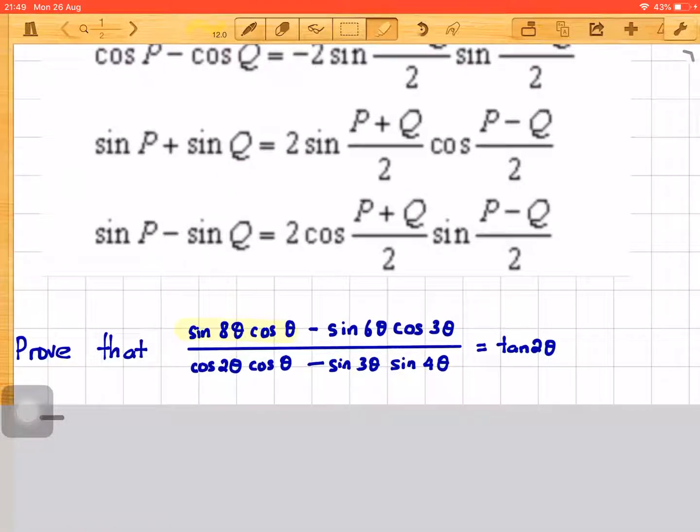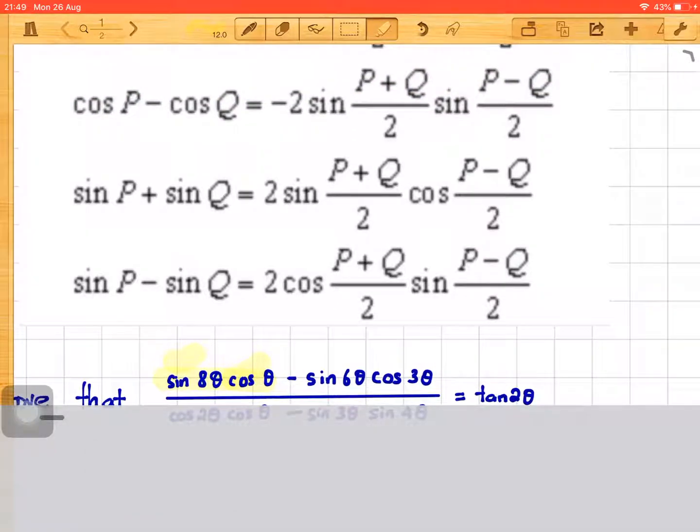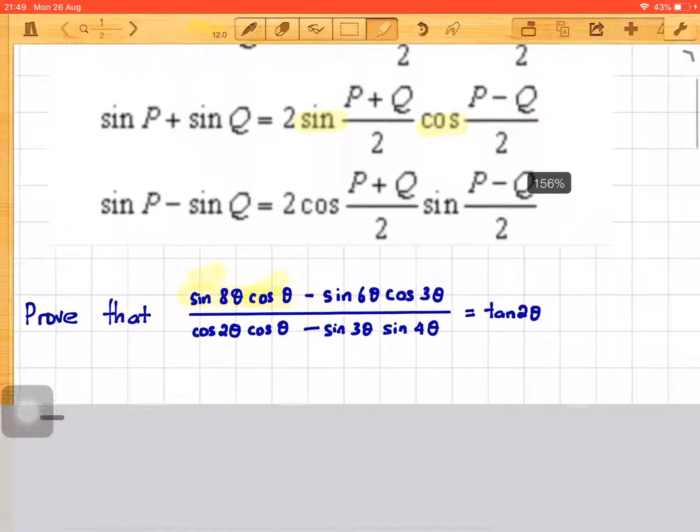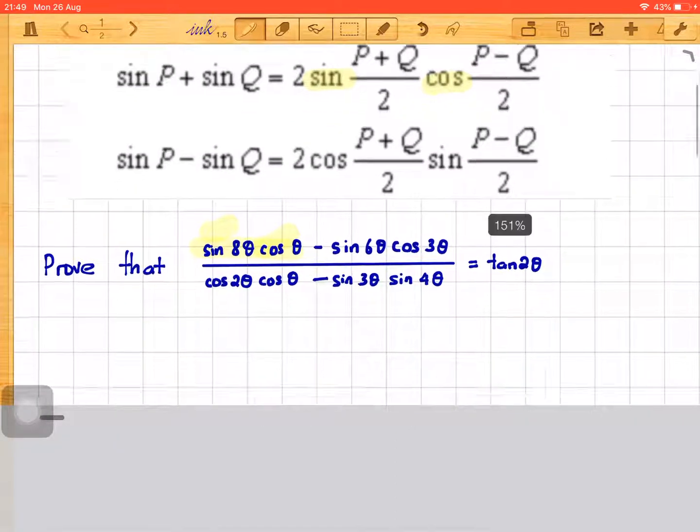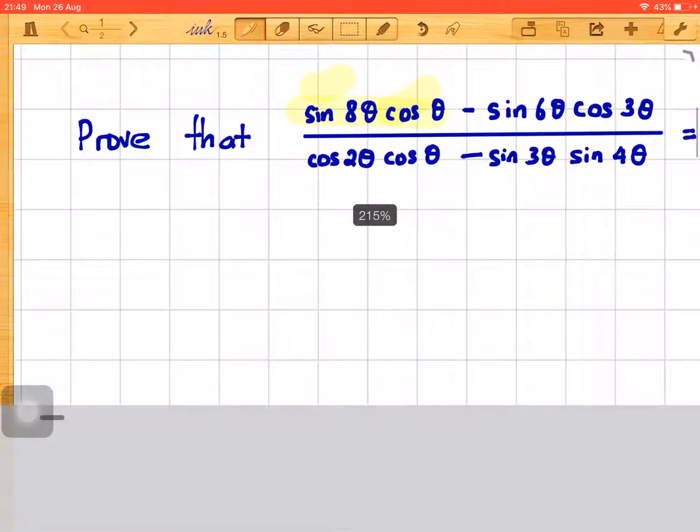Starting from the first one, which I highlighted yellow, you can see it's sine cos. So we have to find sine cos to compare with. So let's start.